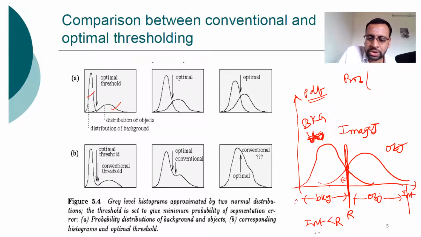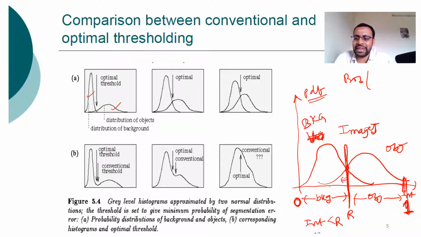Can you give me the formula there? Let's say this is 0, this is R, and for simplicity, right now let me take the total as 1. Now can you quantify the error? What is the probability of error that a pixel belongs to an object but is assigned to the background?